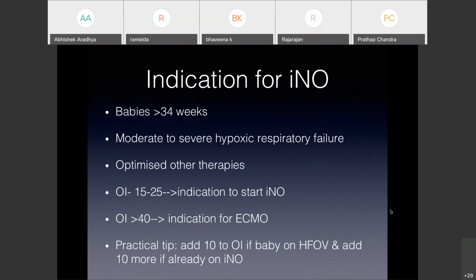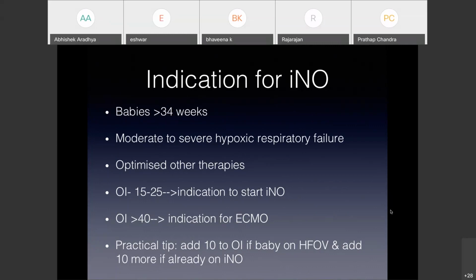Some practical tips from my side: if a baby is already on high frequency oscillation, you need to add 10 on top of your OI. And if the baby is already on nitric oxide, you need to add 10 more. For example, a baby is already started on high frequency oscillation and is on nitric oxide, and the baby's oxygenation index is about 20.